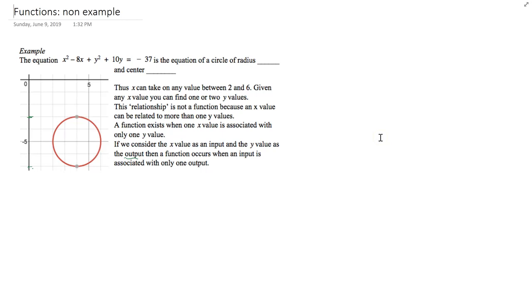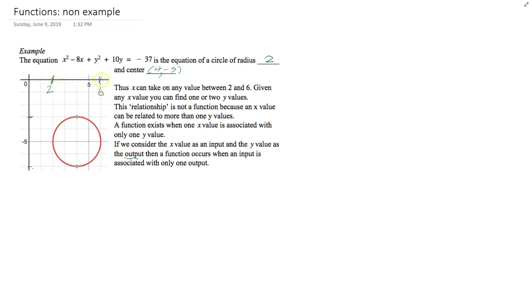The equation x squared minus 8x plus y squared plus 10y equals negative 37 is the equation of a circle of radius 2 and center (4, negative 5). Okay? Now, in this equation, x can take on any value between 2 and 6.